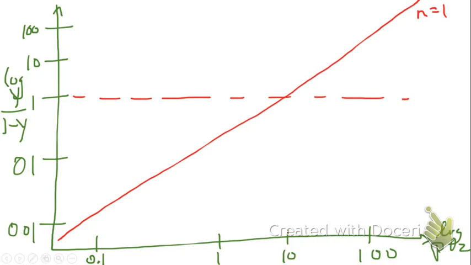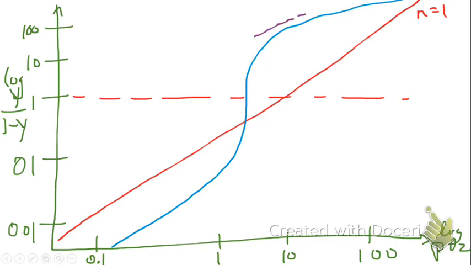But with hemoglobin, it makes a sigmoidal curve. What's interesting about this curve is that we have two asymptotes.